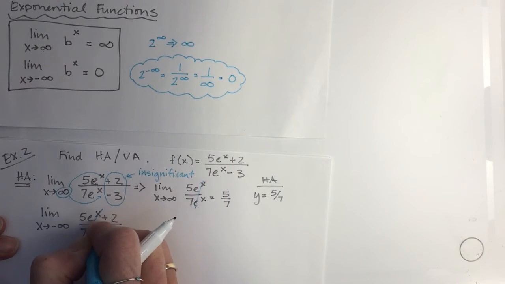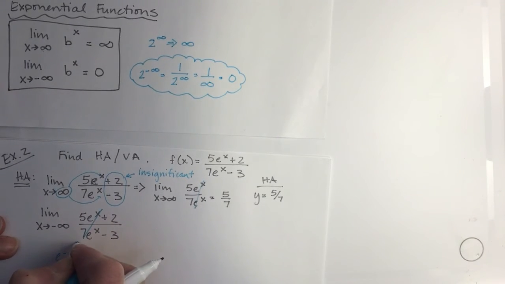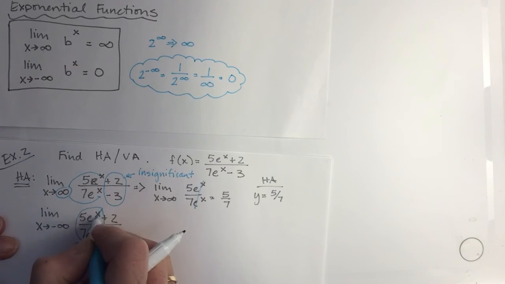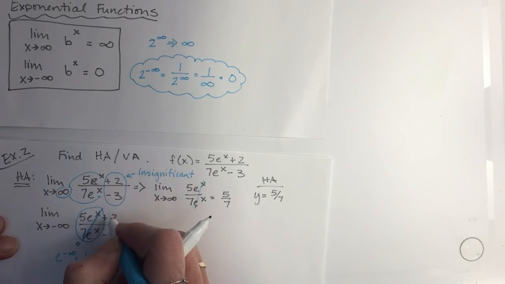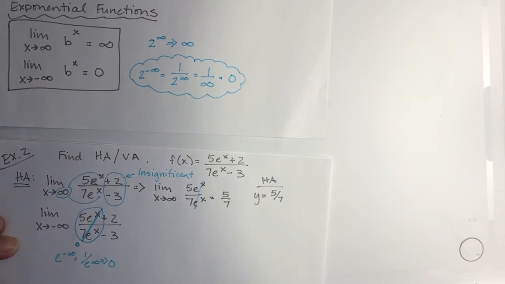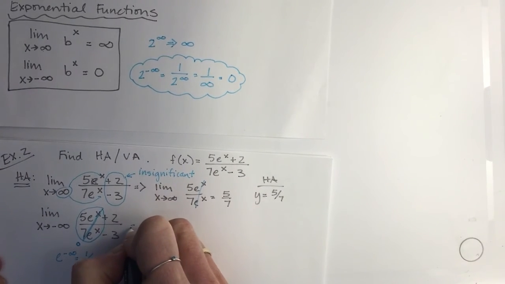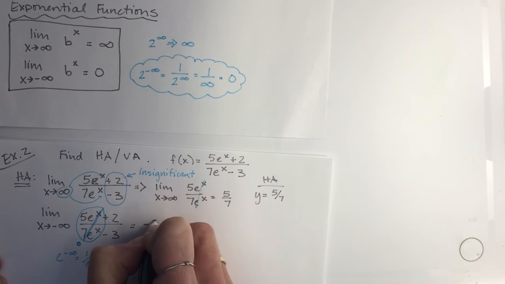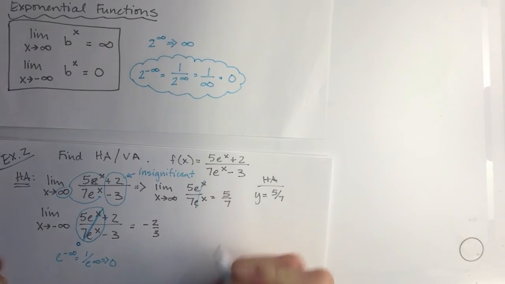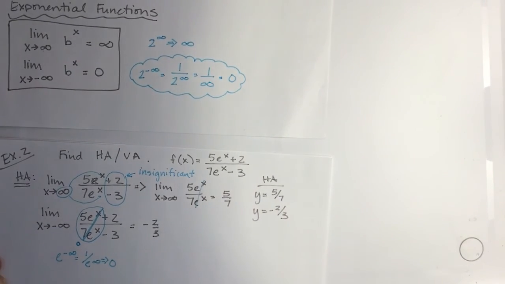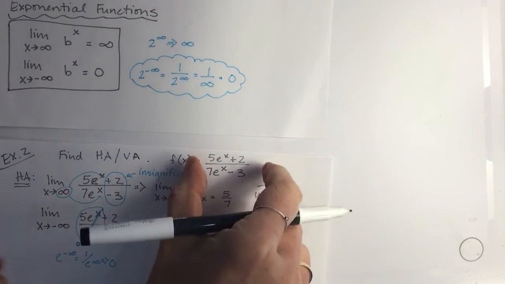So now these become insignificant, so we're just going to cross those out. They go to 0. And the 2 over 3 becomes really significant because this goes to 0. So this will become equal to negative 2/3. That's how we get those two horizontal asymptotes for exponential functions.